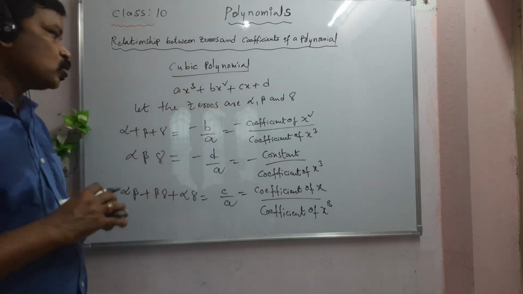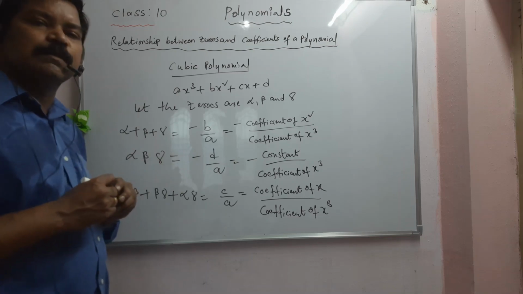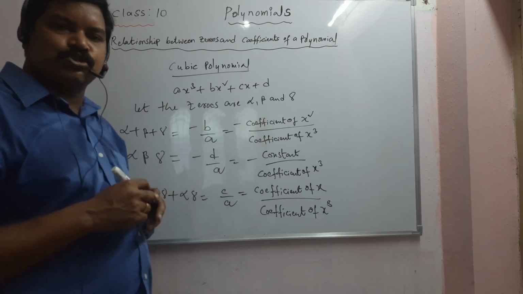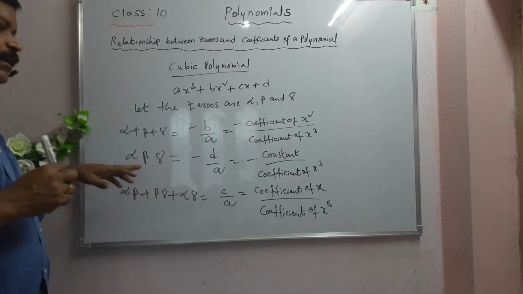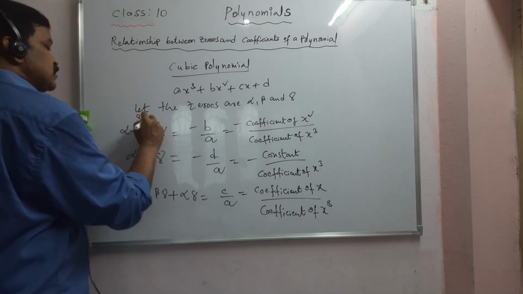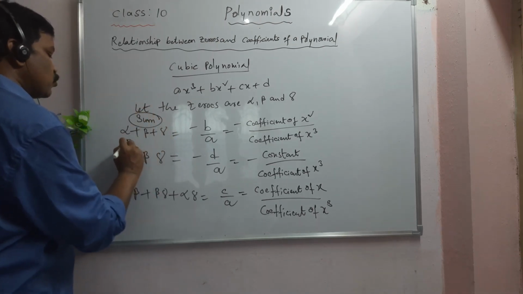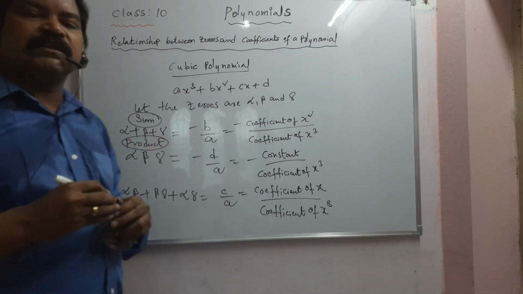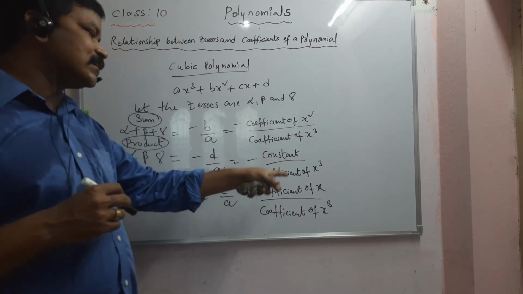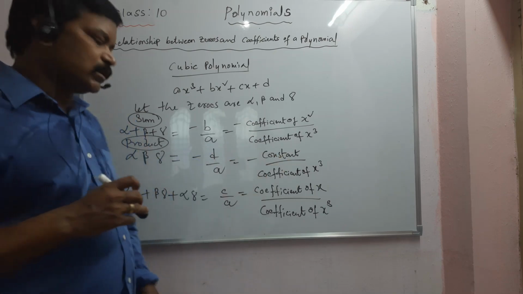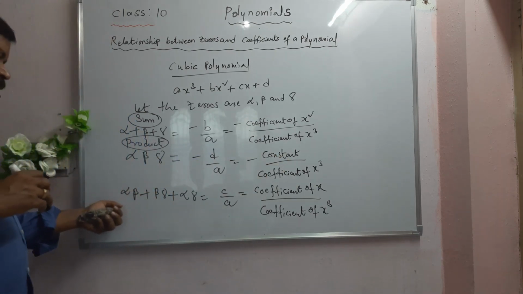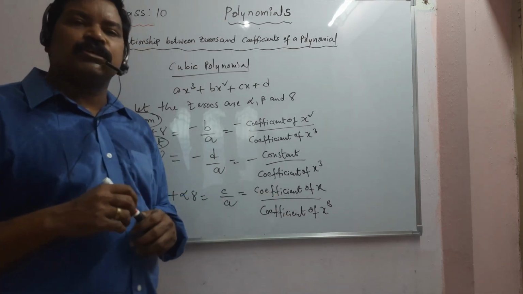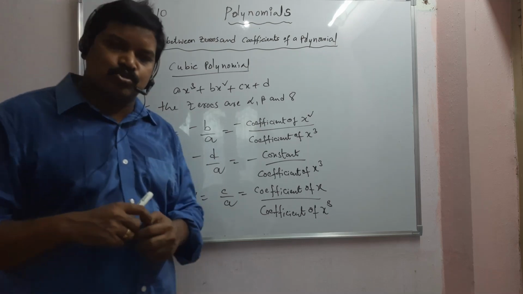So for a cubic polynomial, the sum of the zeros is minus b by a, that means minus of coefficient of x square by coefficient of x cube. The product of the zeros is minus d by a, that is minus of constant by coefficient of x cube. And alpha beta plus beta gamma plus alpha gamma is equal to c by a, that is coefficient of x by coefficient of x cube.